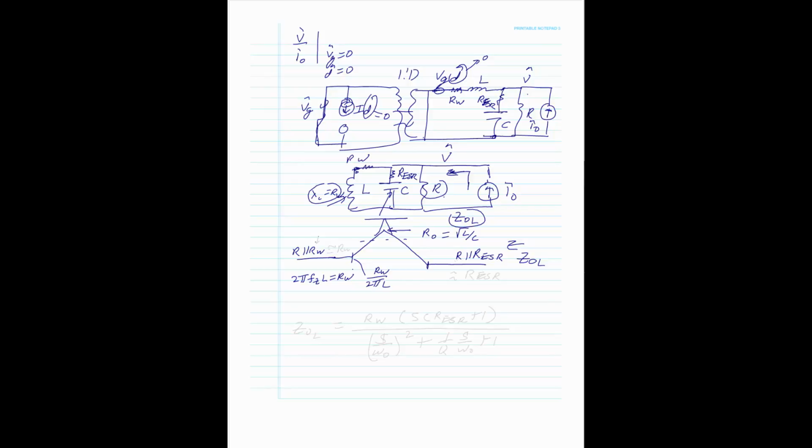So writing that down, ZOL for the DC term would be RW, and then we'd have this zero here, which is S C ESR plus 1, and then we're going to have S over omega 0 squared plus 1 over Q S over omega 0 plus 1. The standard transfer function that we would have on any Q.